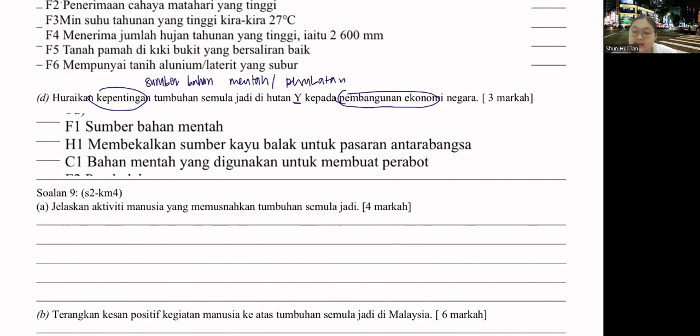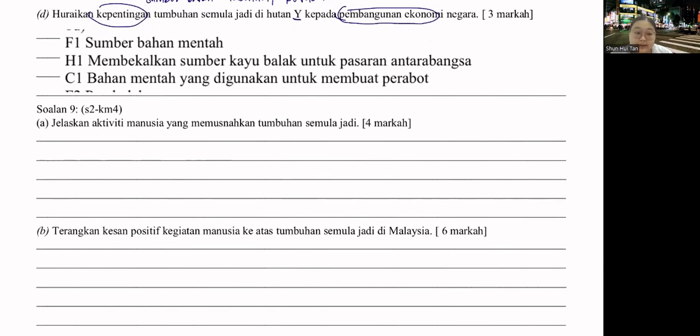Yep. This is how you answer the questions. And followed by this, like just now I said, it's not a KBAT, but they twist. They turn the way of asking. They say, jelaskan aktiviti manusia yang memusnahkan tumbuh-tumbuhan. Right? You don't learn this directly, but you learn kesan negatif. And in the kesan negatif, we have kepupusan, right?